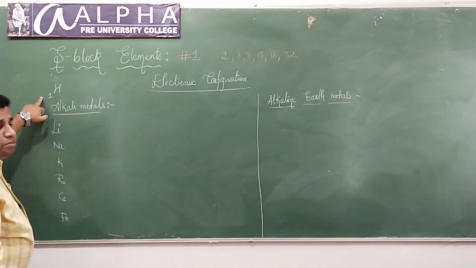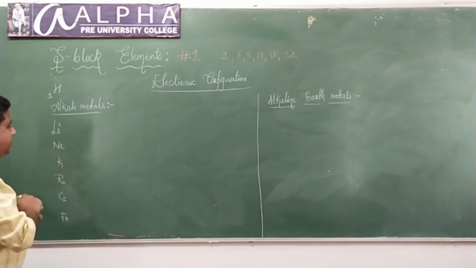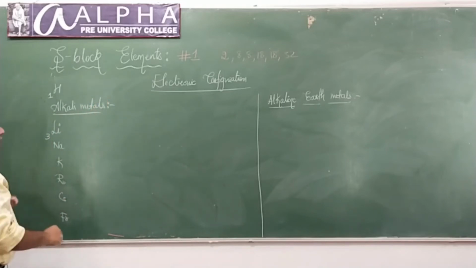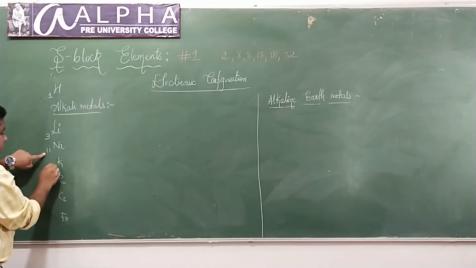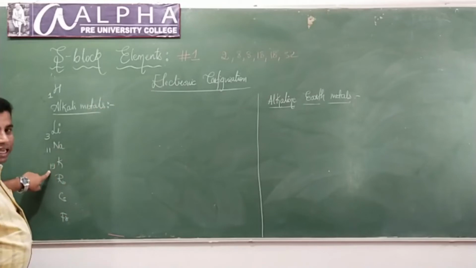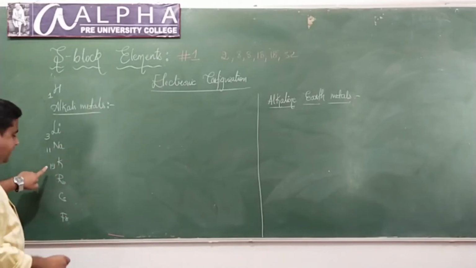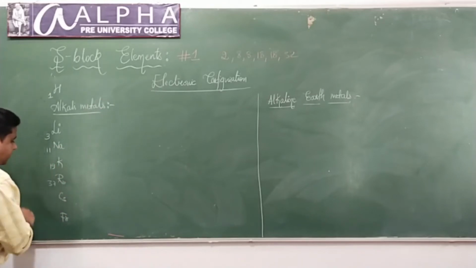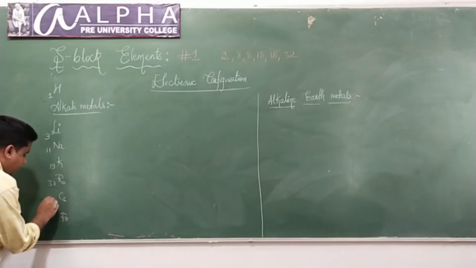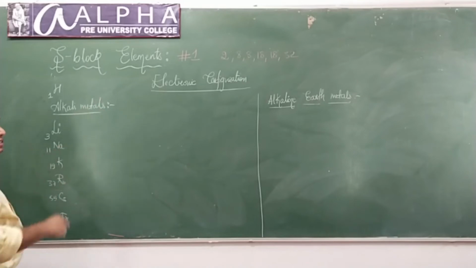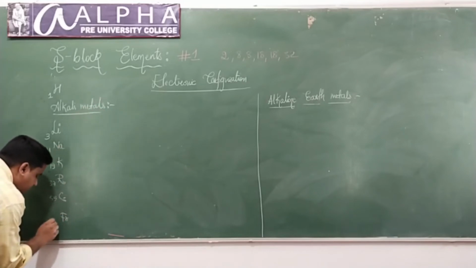Start adding those numbers. 1 plus 2 gives 3. 3 plus 8 is 11. 11 plus 8 is 19. 19 plus 18 is 37. 37 plus 18 is 55. 55 plus 32 is 87.